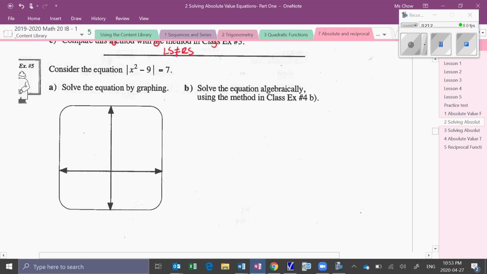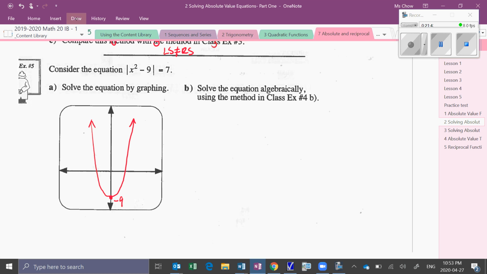of x squared minus 9 equals 7, and so if we solve by graphing, what do we know is that the graph of x squared minus 9 typically is going to look something like this, with our y-intercept of negative 9.